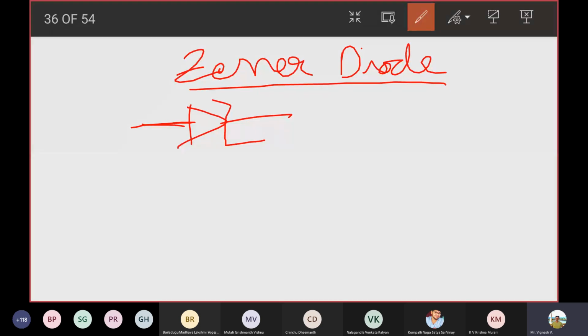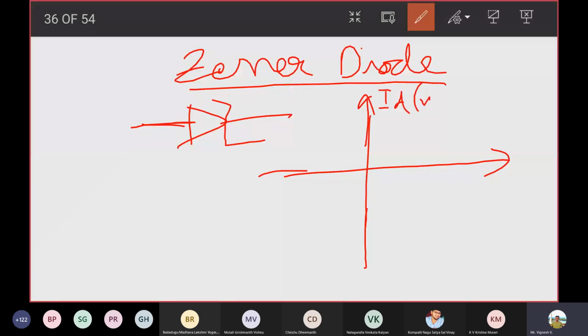condition. Okay, so all of us know the VI characteristics of a PN junction diode. When I say a PN junction diode, I mean the usual diode that all of you already know by now, right? If I ask you to plot the VI characteristics of a PN junction diode in forward bias, the characteristic looks something like this, where this is your VD.